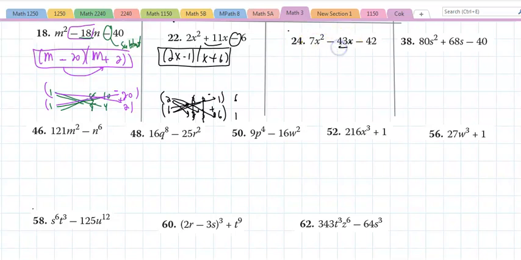7, 43, nothing in common. 7 and 1, again, subtract to get me the 43. Obviously, I need the number to be big, because that's really big. If this number is small, then I want it to be small. And that's kind of how you start really playing with this. So if I look at 42, I could say 6 and 7, right? 49 minus 6 is 43. What do you know? There it is. I want a negative 43.